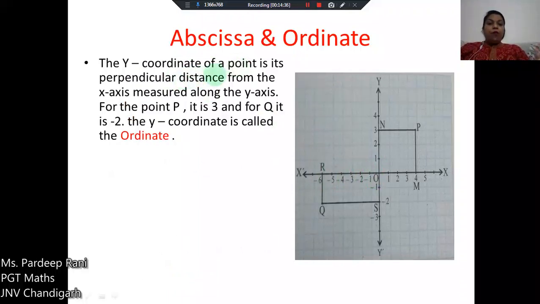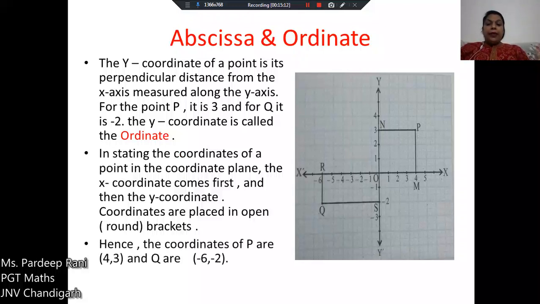The y coordinate of a point is the perpendicular distance from the x-axis measured along the y-axis. For the point P, this is 3 units, and for the point Q, it is 2 units, but because it is in the negative direction of the y-axis, its coordinate is -2. So the y coordinates are called ordinates.